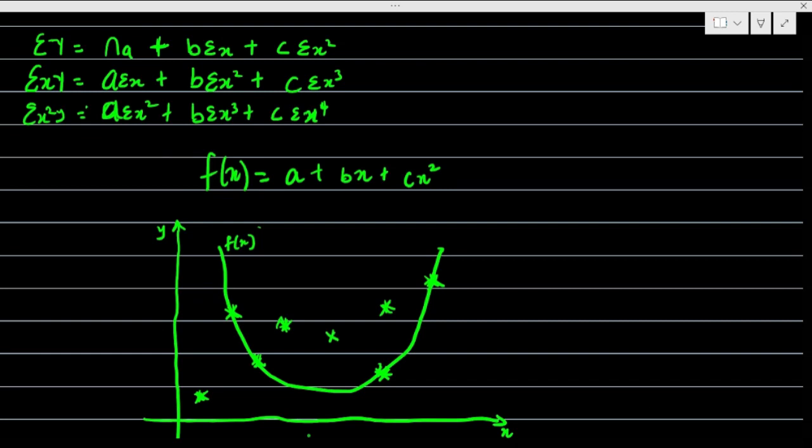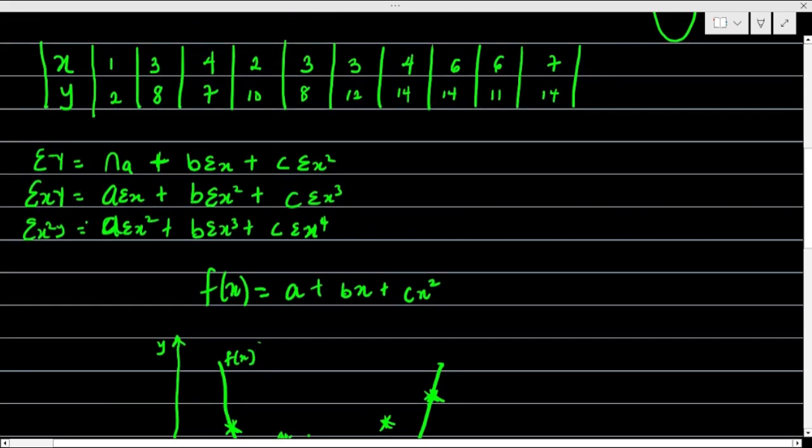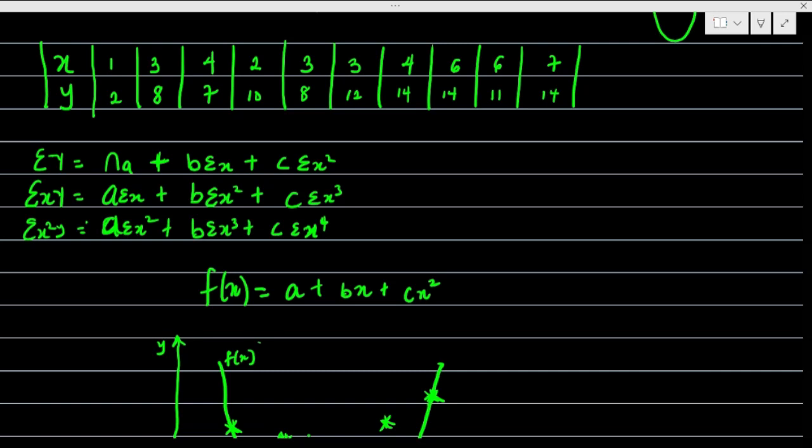So we have been given some constraints, some equations, which are: summation y equals na plus b summation x plus c summation x squared. Let's call this one, two, and three. We are going to use these three equations to look for our value of a, our value of b, and our value of c.